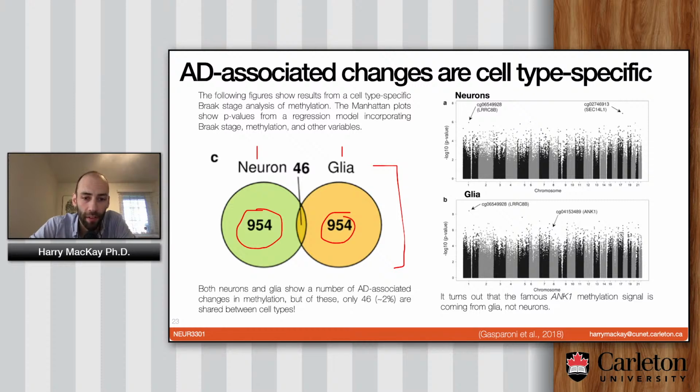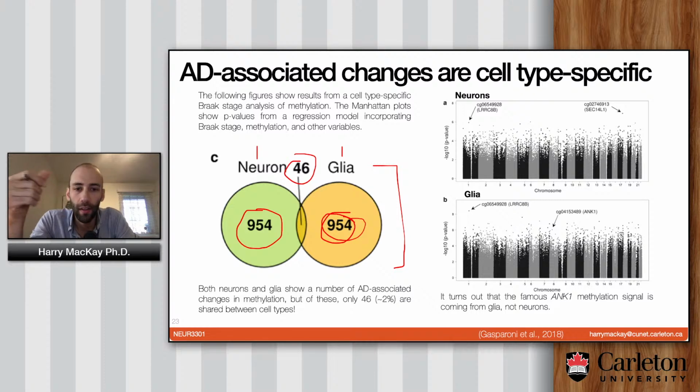Of the top 1,000 hits, half of them are unique to neurons, half of them are unique to glia, and then only 46 are shared between the two. I guess it's the top 1,000 hits per cell type. Sorry, it's still early. Anyway, of the top 1,000 Alzheimer's disease-associated methylation changes in neurons, 46 are shared with glia, and vice versa.